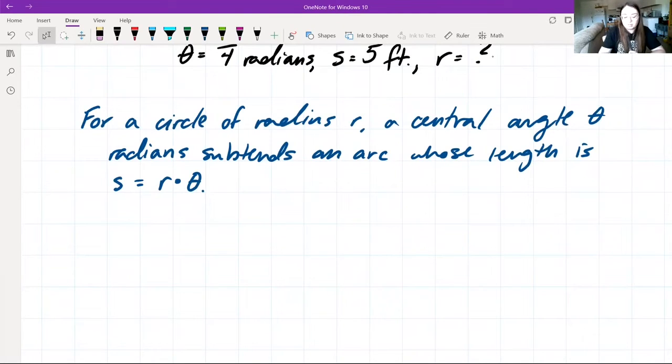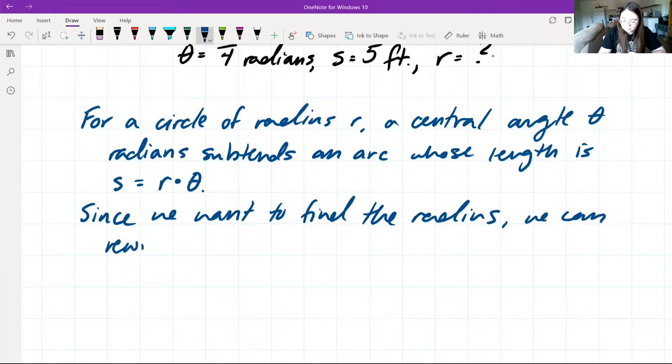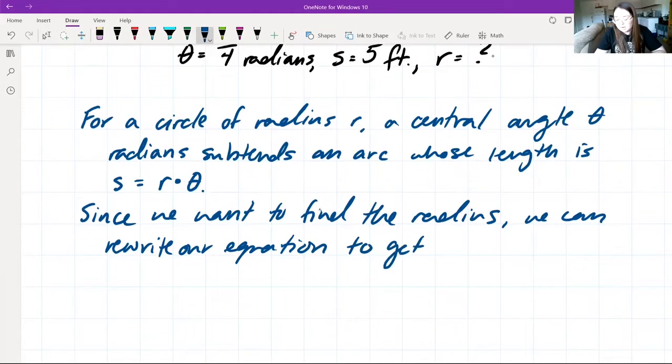We want to find the radius, so we just need to rewrite this equation. When we rewrite our equation, we get that R is equal to S divided by theta.